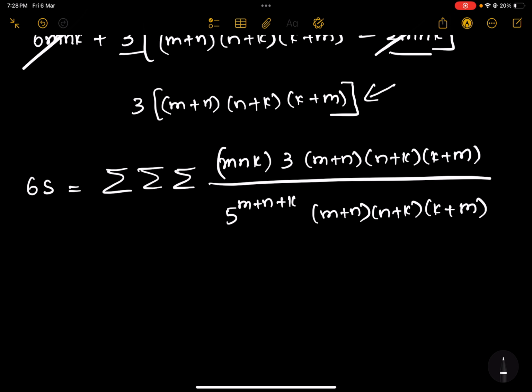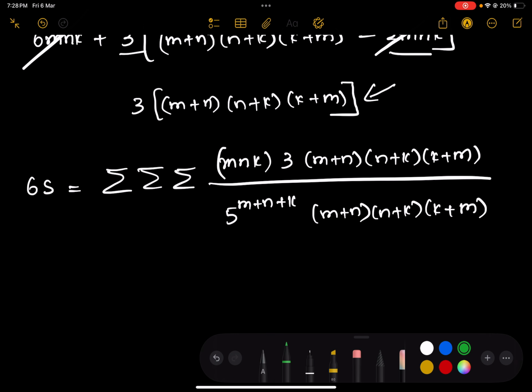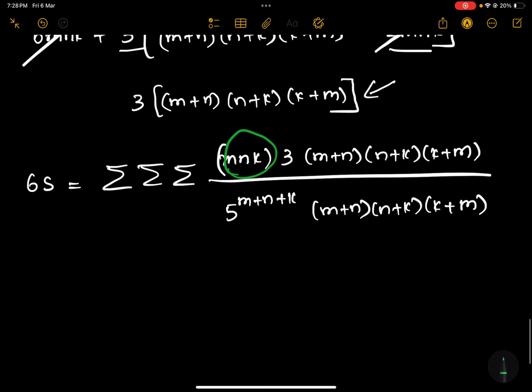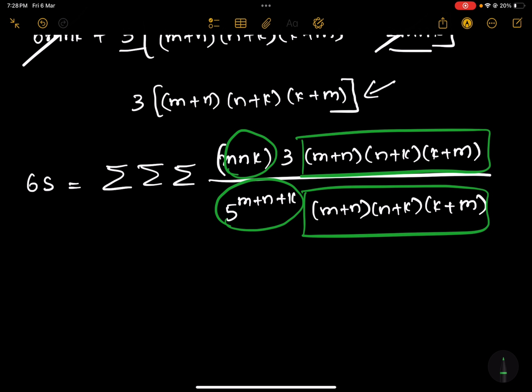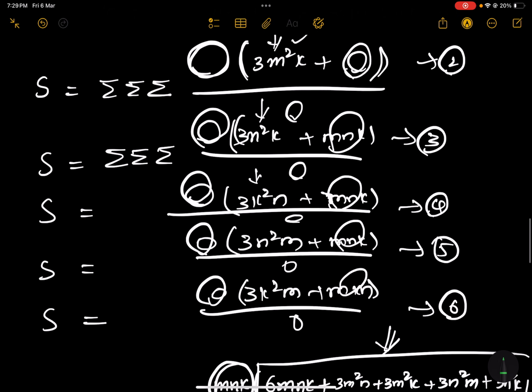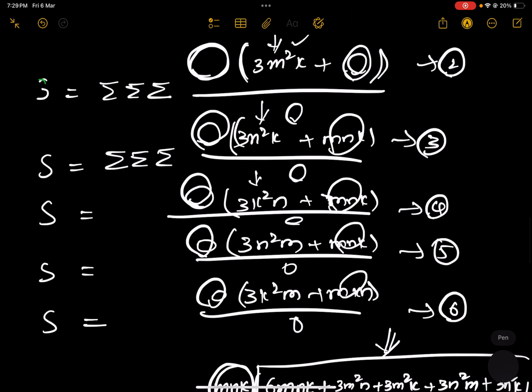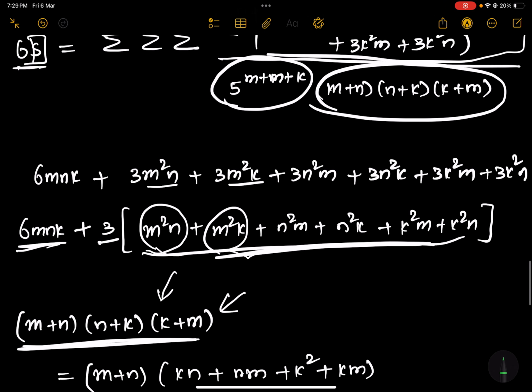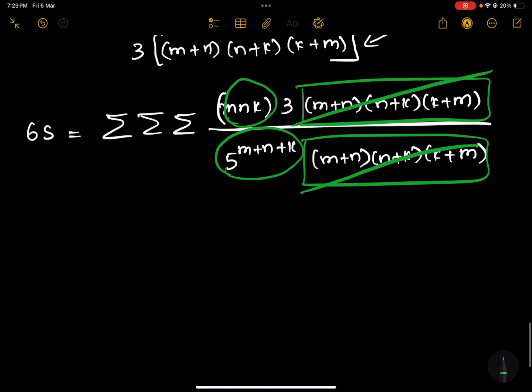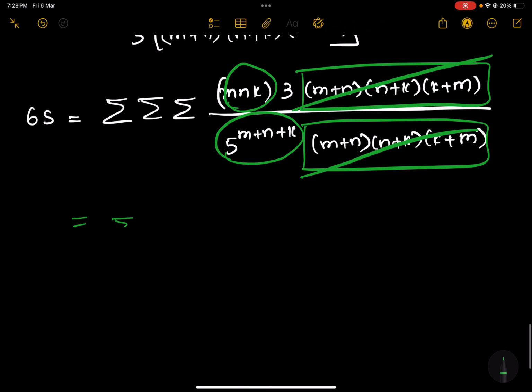So now what happened? All the terms in your expansion are symmetric. This is a symmetric term, this is a symmetric term, this is a symmetric term, and this is a symmetric term. The idea is to add all these different values of s to achieve a symmetric function, and on top of it you can see these two are getting cancelled. That simplifies our problem very much.